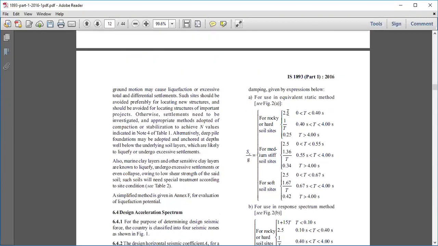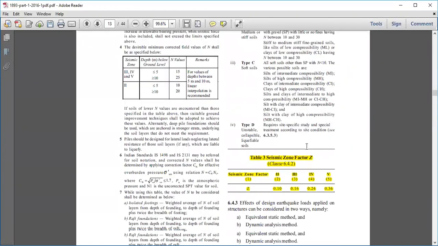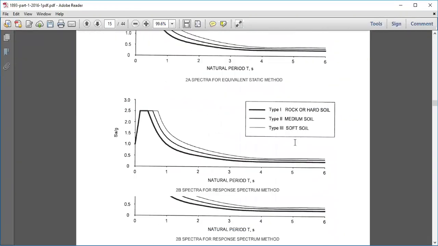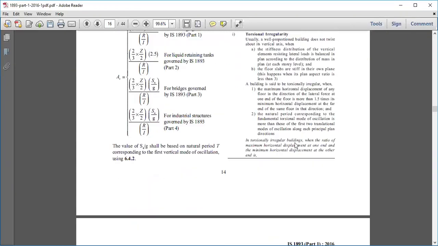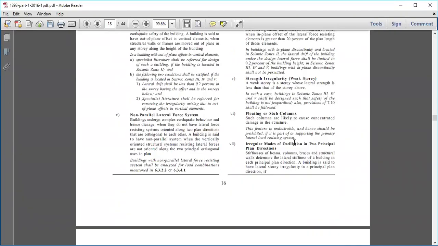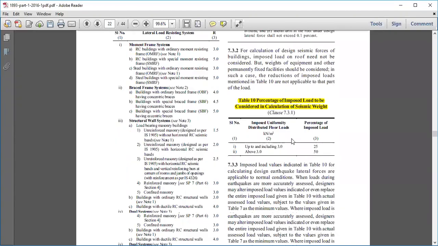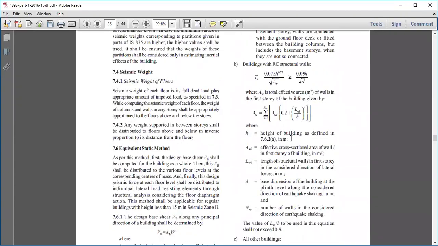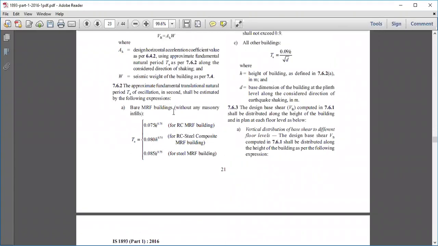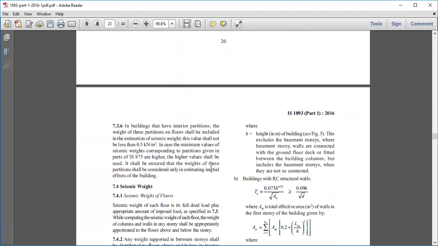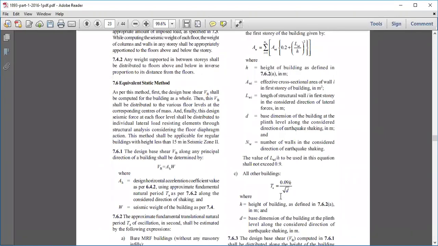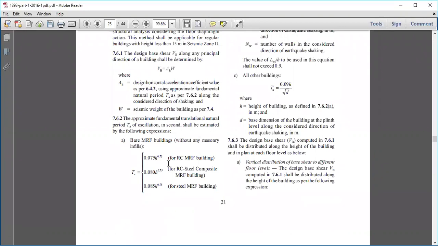For the static equivalent method I will be picking up the T from here, and the equations of T are given. This is on page number 21. So bare MRF, that is without any masonry infills, and buildings with RC structural walls, or all other types of buildings is over here.